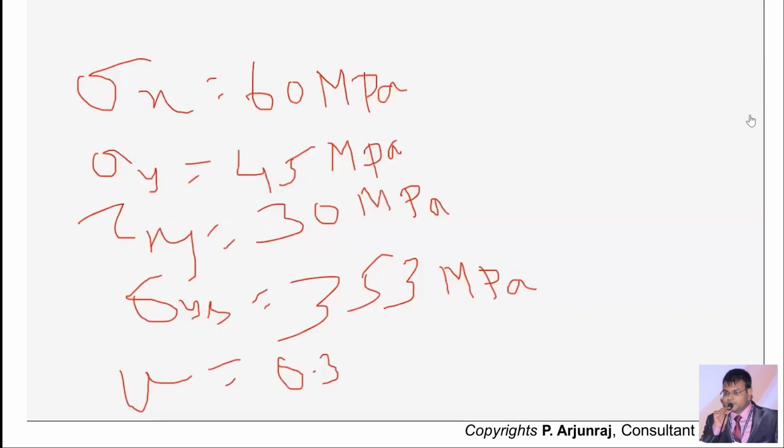If it is not given in the problem, then you can assume the value, and this Poisson ratio is considered as 0.3 for the material C45. This is very important when you are going for the Saint-Venant theory solution. So now let us go to the solution.